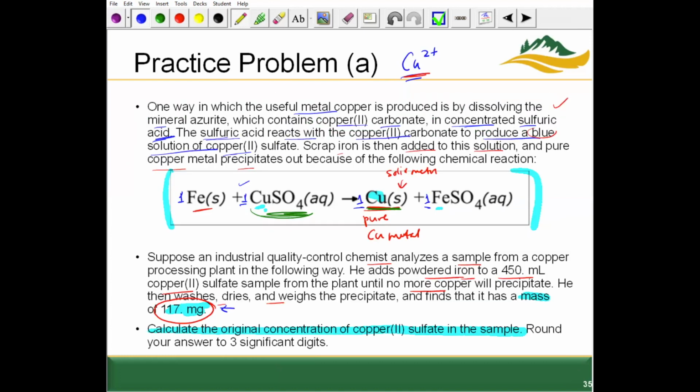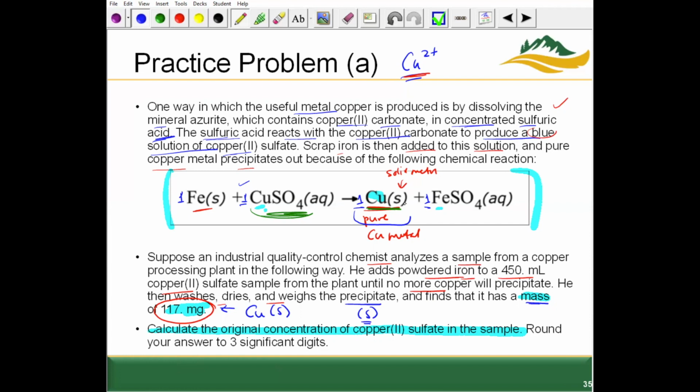Coming back to get organized here, the mass of the precipitate. Here we're told the mass of the solid precipitate, which means this is the mass of just pure copper metal. We can recognize a precipitate by the solid in a balanced chemical reaction.